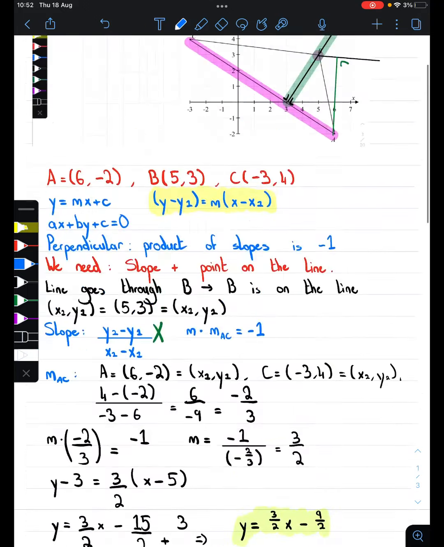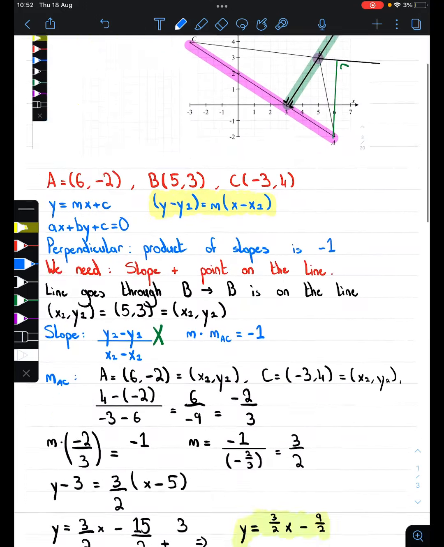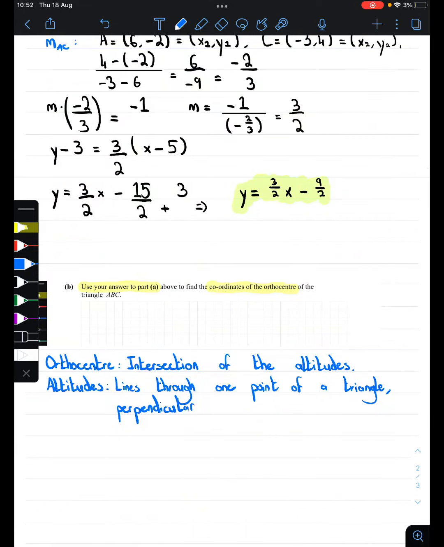So in this case, perpendicular to the line AC.